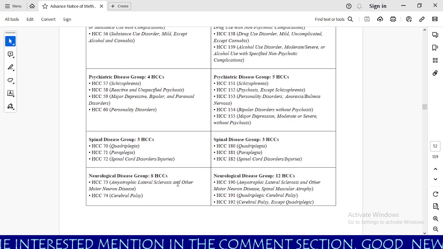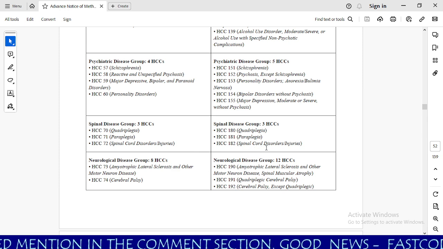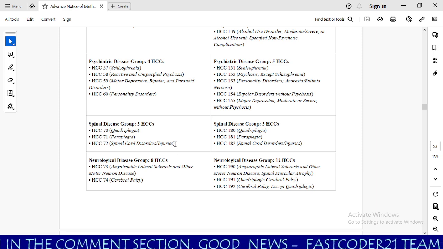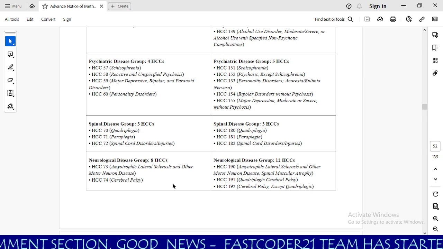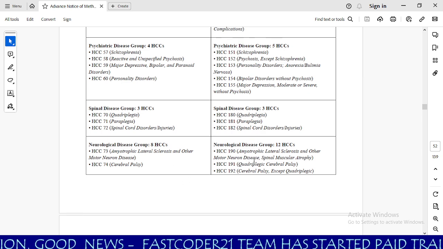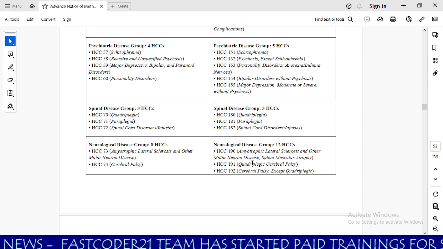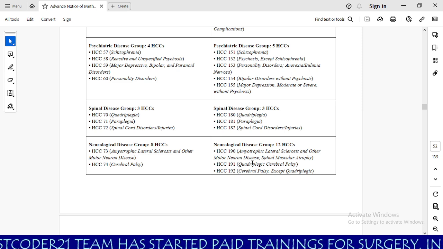If we take the spinal disease group, in version 24 we have 3 HCCs, in version 28 also we have 3 HCCs. So there is no change in the spinal disease group. If you take the neurological disease group, in version 24 we have 8 HCCs, whereas in version 28 we have 12 HCCs, which are the common conditions we will see in HCC coding.